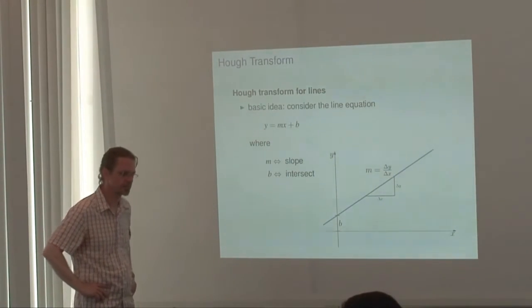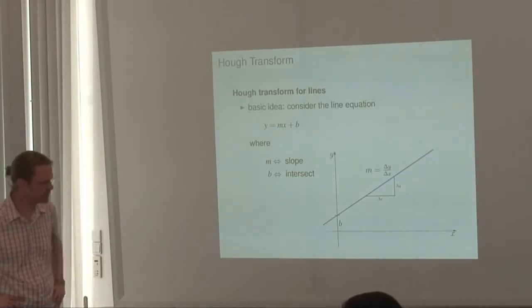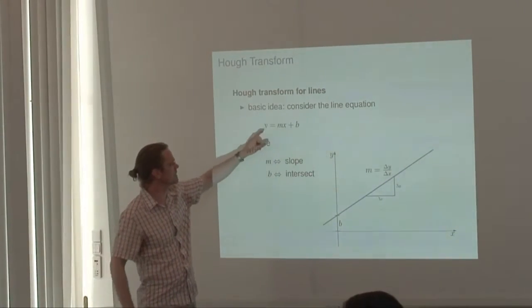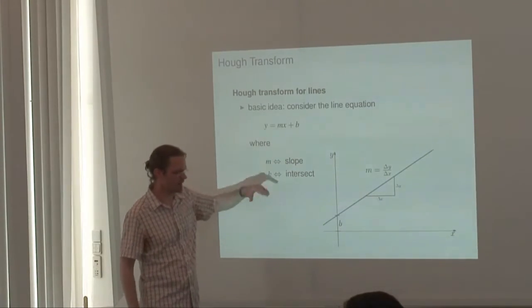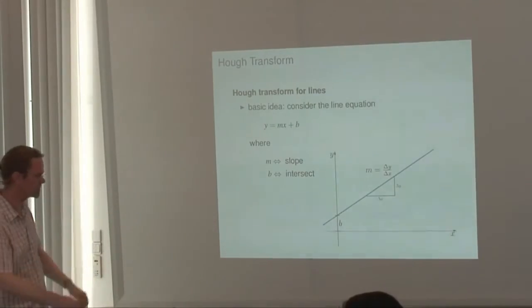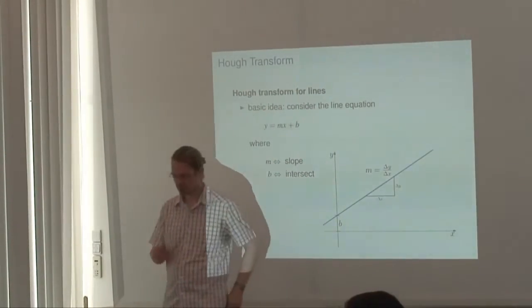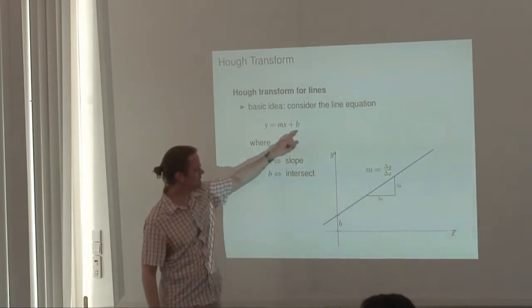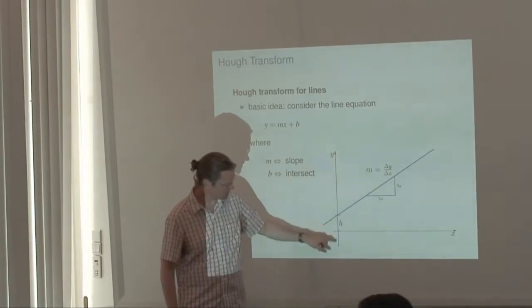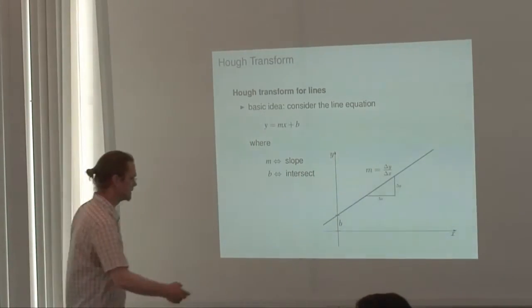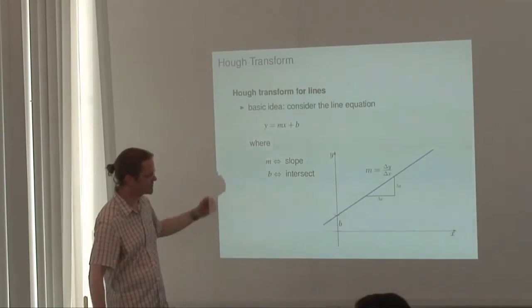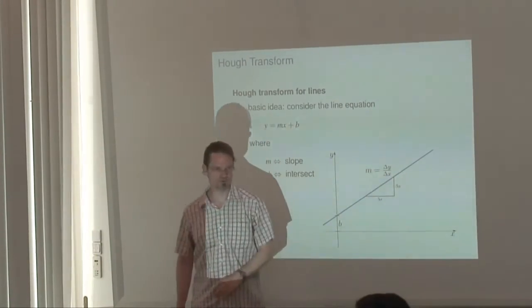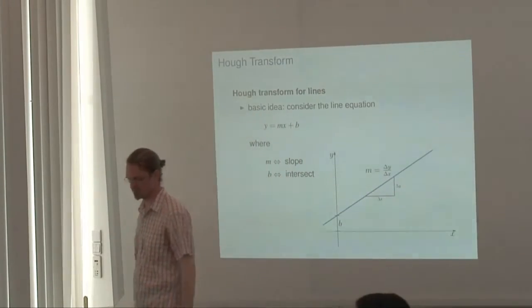From high school, we know that a line, at least in 2D, can be expressed using this equation where we see the height of a point on the line as a function of the horizontal coordinate x, and the line is characterized by two parameters called slope and intercept, where intercept is just the offset of the line with respect to the y equals 0 axis, and the slope is the ratio between height traveled and width traveled if we walk some distance on this line.